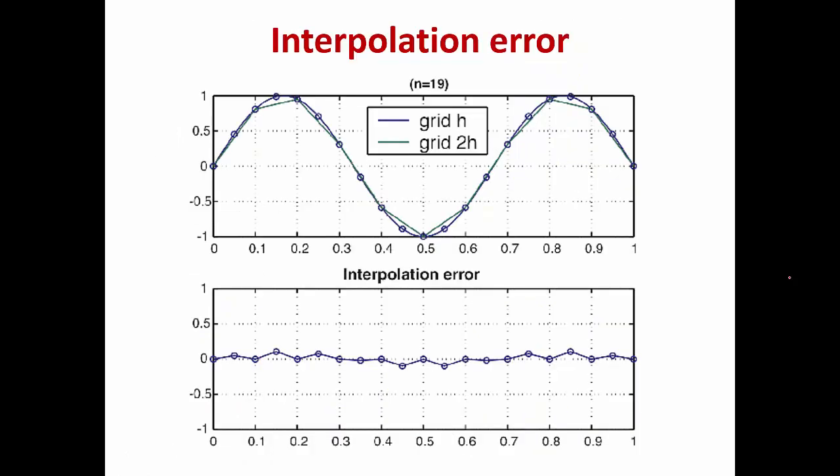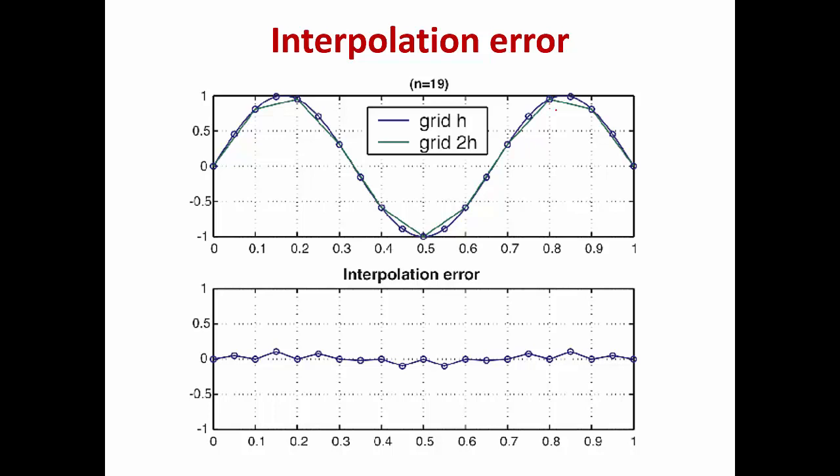Okay, another thing is interpolation error. It's when we interpolate the coarse grid solution to the error equation onto the fine grid. We were just doing, for example, linear interpolation, right? So we end up with straight lines between every two grid points.